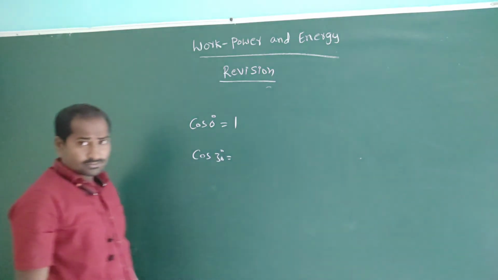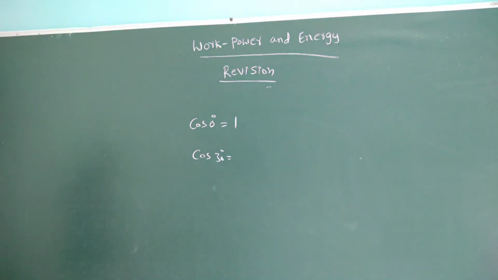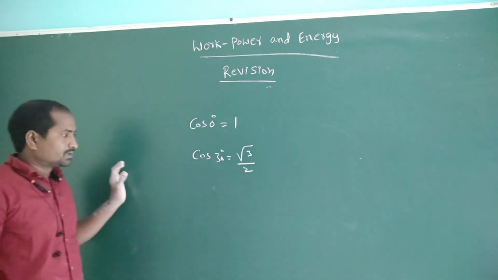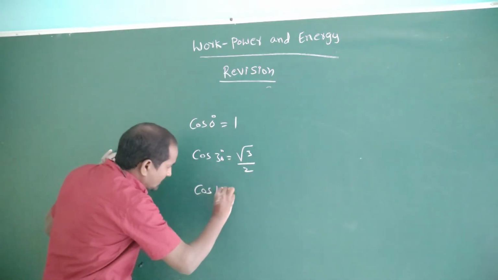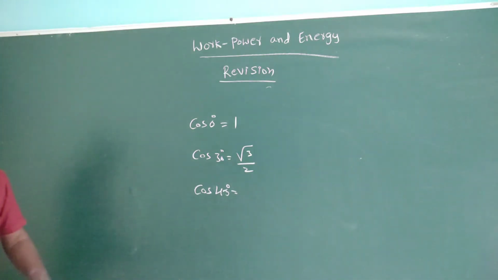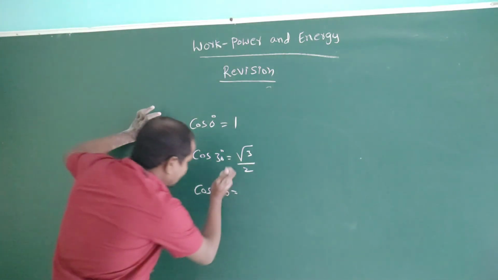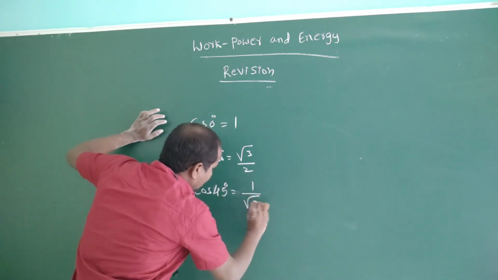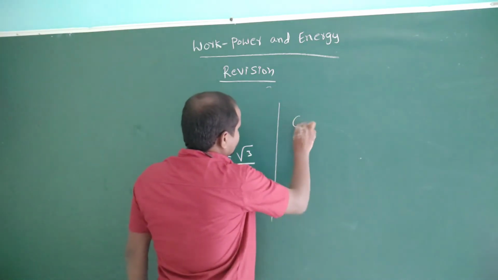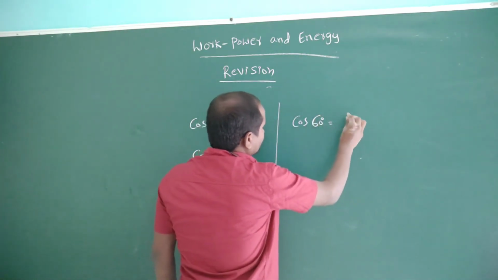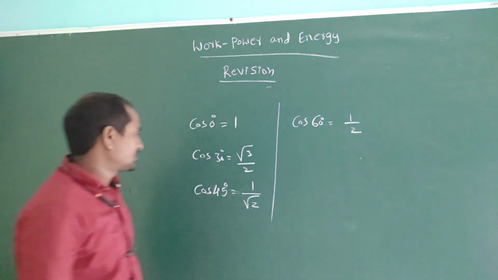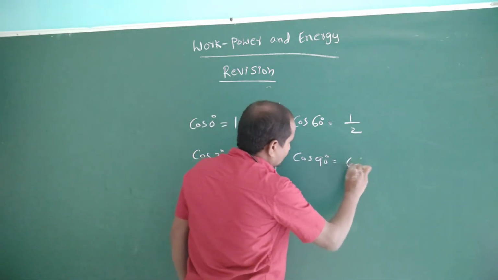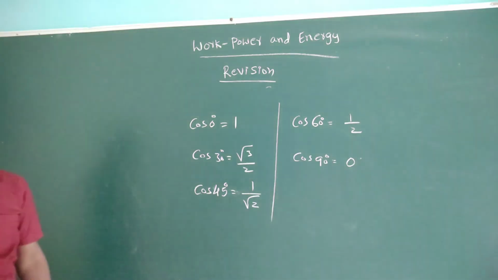Cos 30 is equal to root 3 by 2. Cos 45 is equal to 1 by root 2. Cos 60 is equal to 1 by 2, and cos 90 is equal to 0.